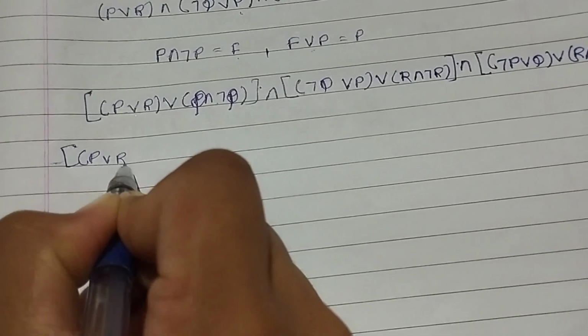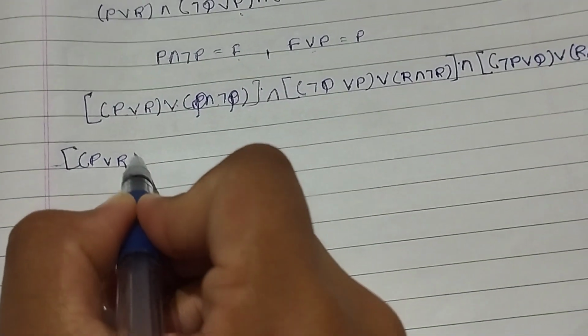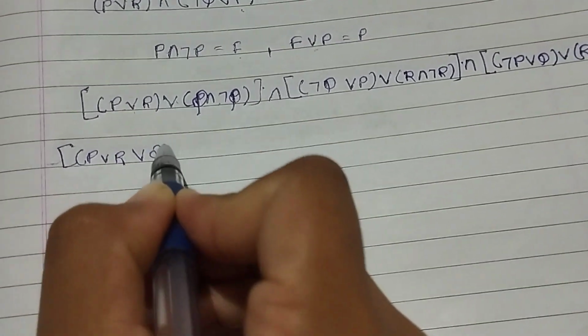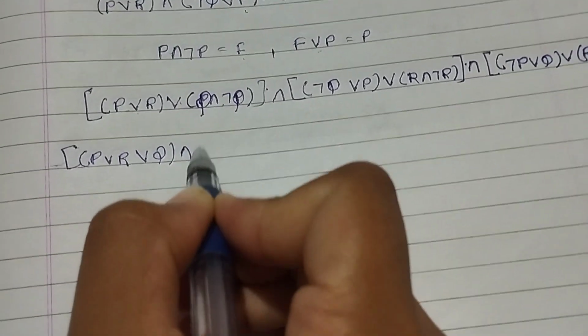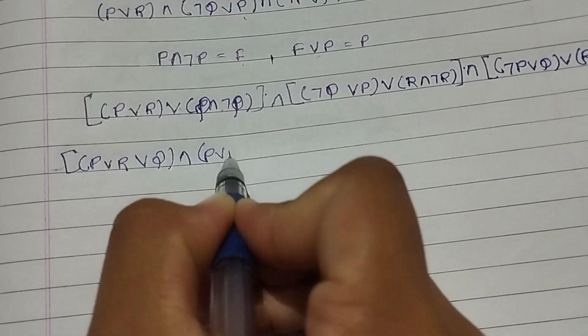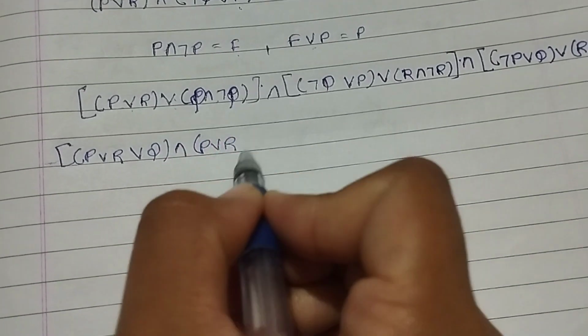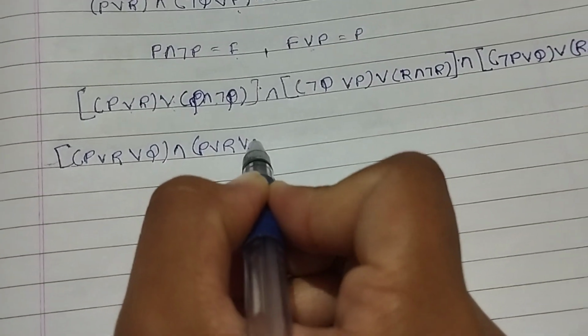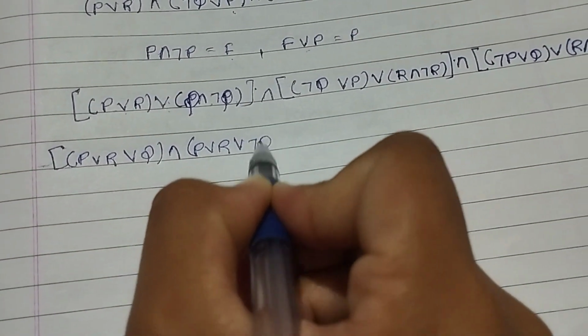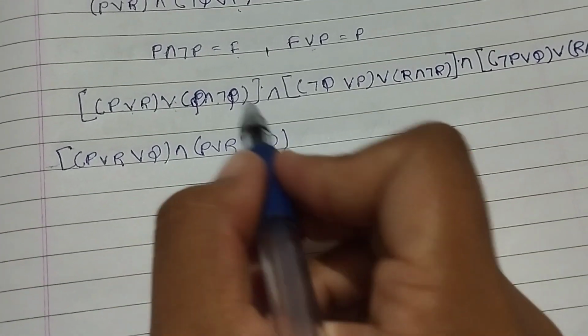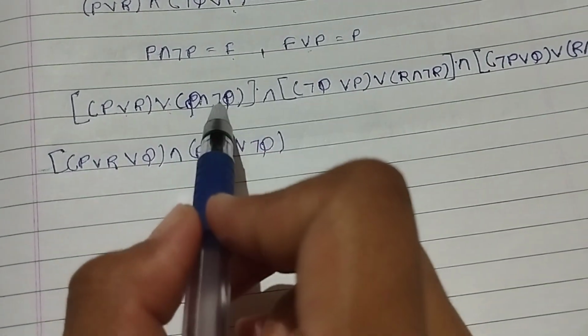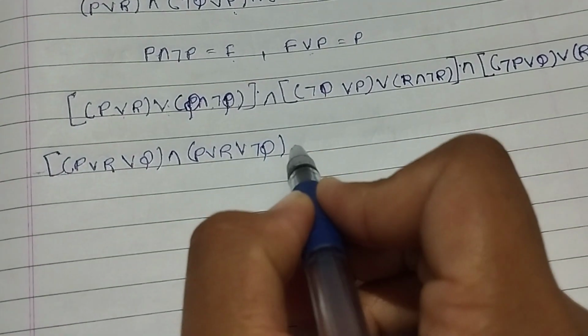P or R or Q, and P or R or negation R, negation Q. This is the distributive law used for the first bracket.